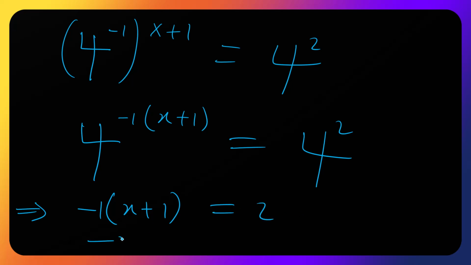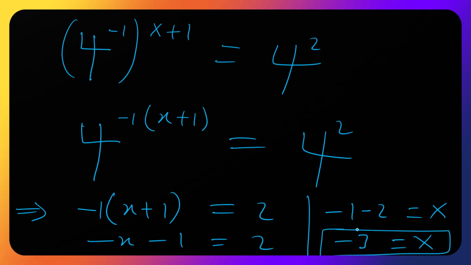So we have minus x minus 1 equals 2. So we have minus 1 minus 2 equals x. So minus 3 is the same as x. So we have negative 3 as our answer. Okay, so that's that.